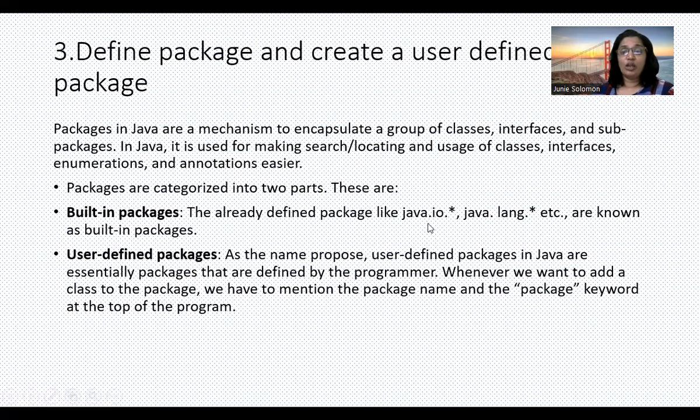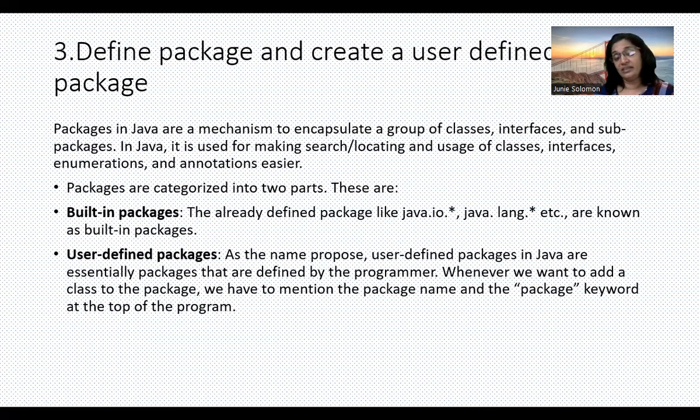Like that, there is java.io, where IO means input-output stream classes reside. Normal basic things reside in the java.lang package. These are all built by Java and kept there, so you just need to import and use them.